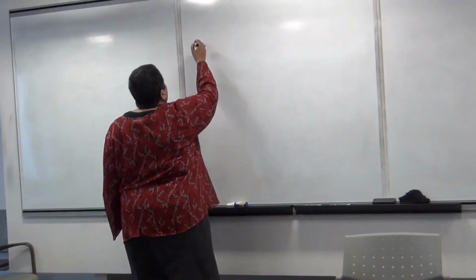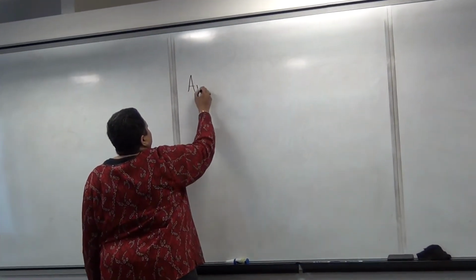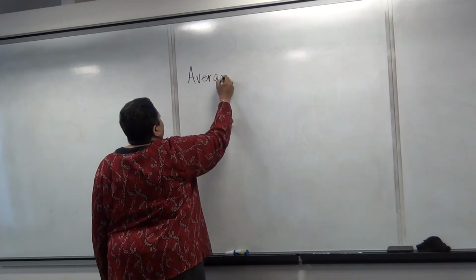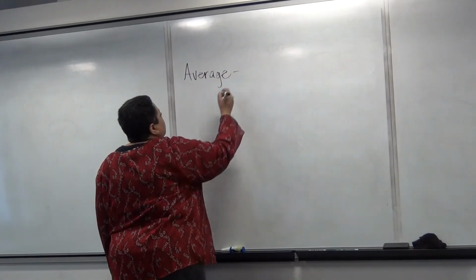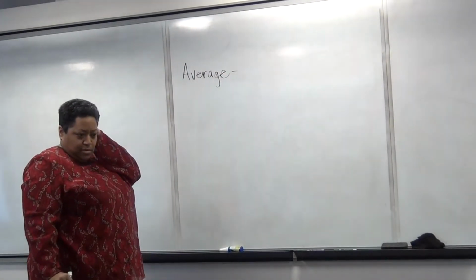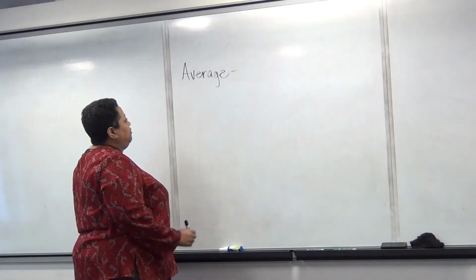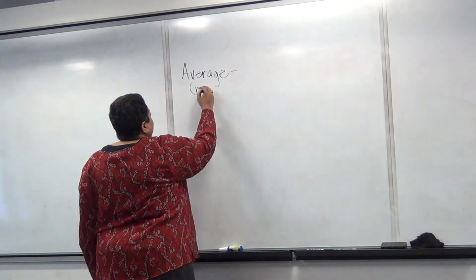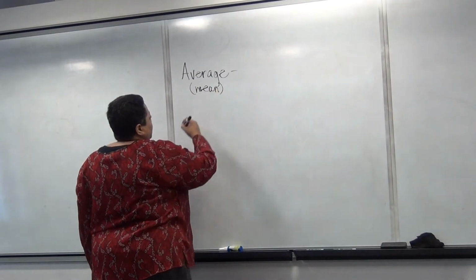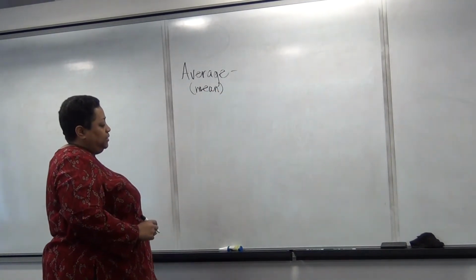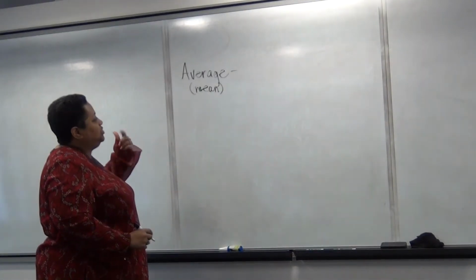Does anybody know what averages are? Give you some definitions that I need you to write in your notes. What is the average? Another name for the average is the mean. You might see that word later on in life. The other word for average is mean.